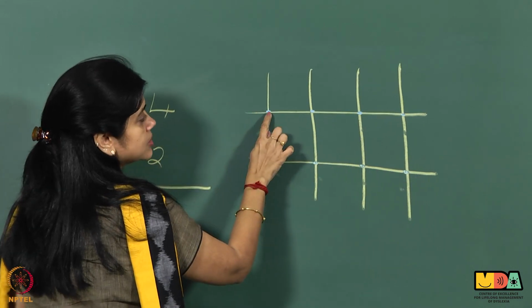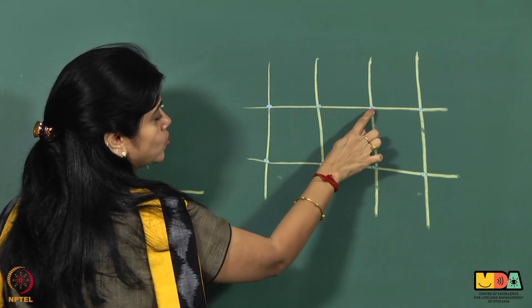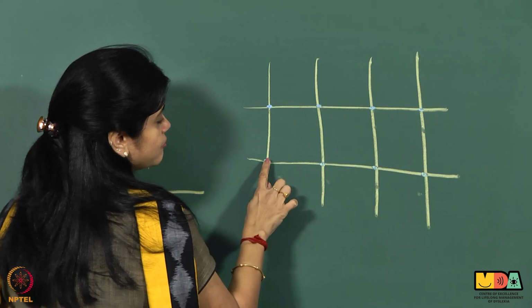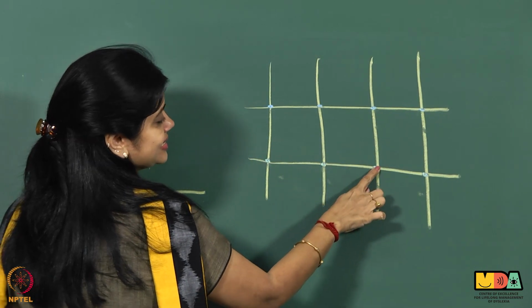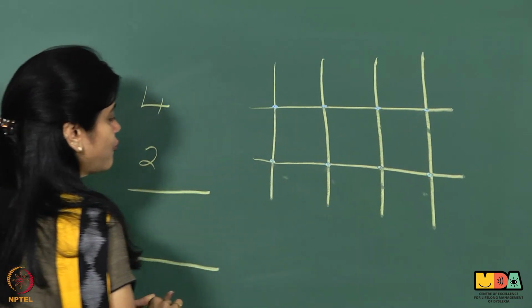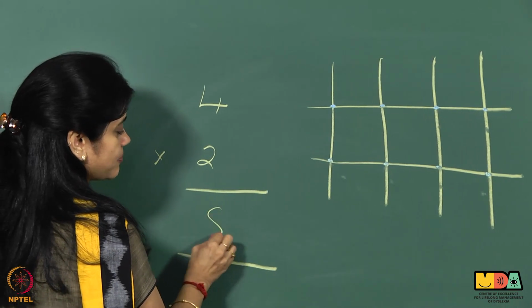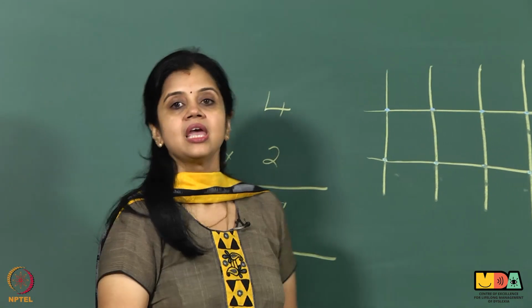Ask them to count 1, 2, 3, 4, 5, 6, 7 and 8. This way, even if they are not able to learn tables by rote, they can use this and find out the answer easily.